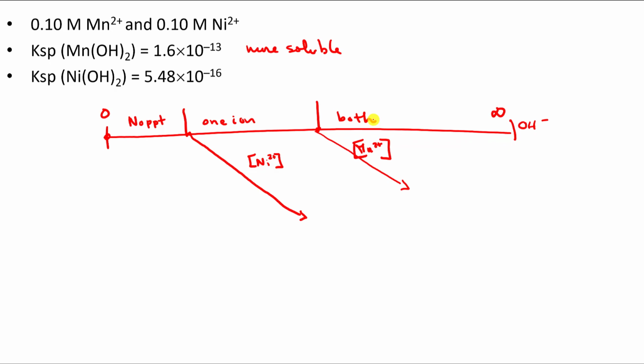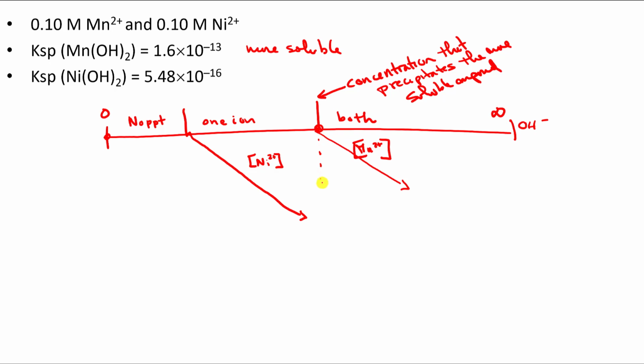So what we need to do is this. We need to figure out what concentration precipitates out the more soluble compound. And then we also want to know at that point, just hypothetically, where those two intercept.